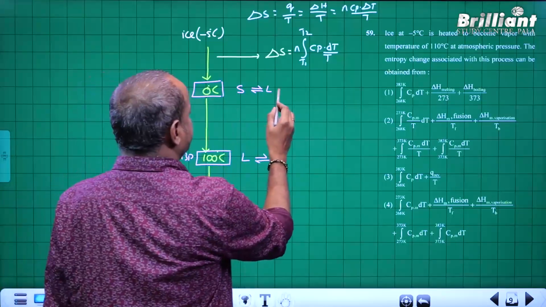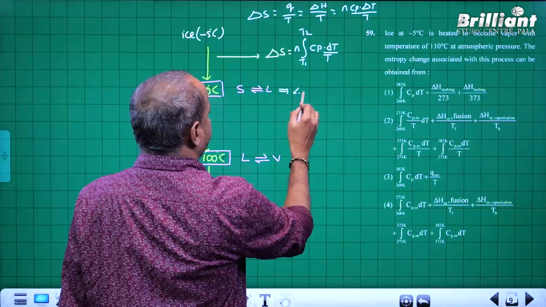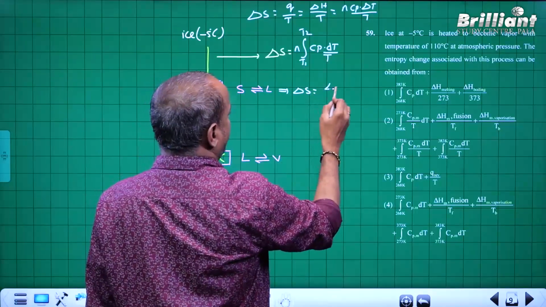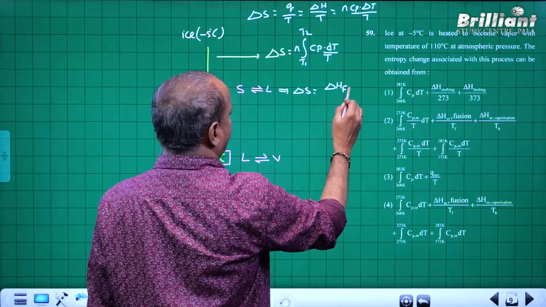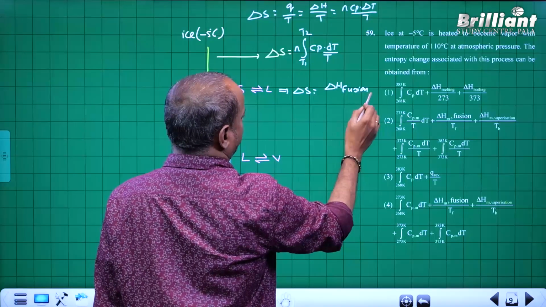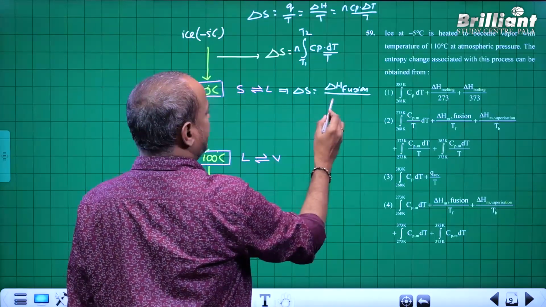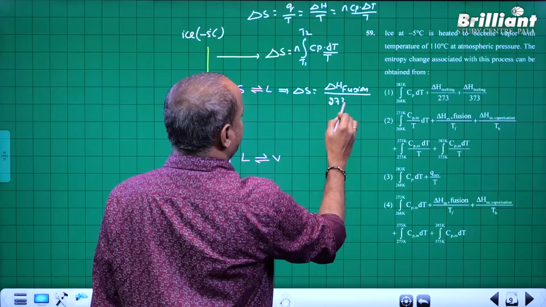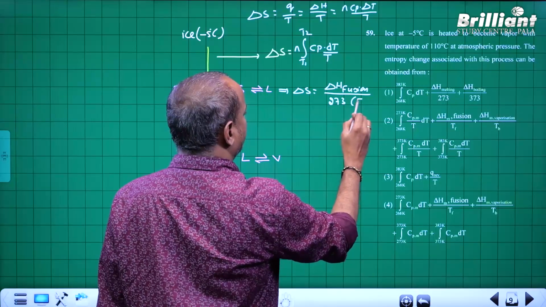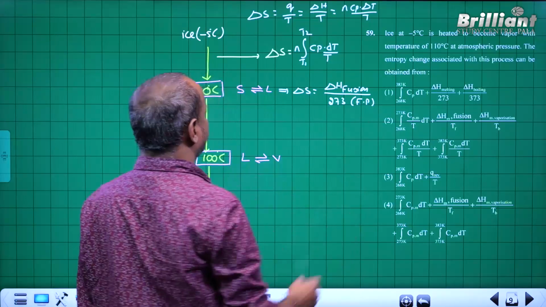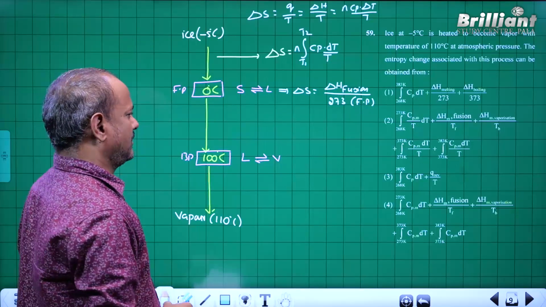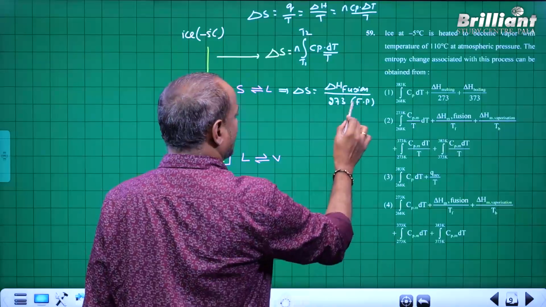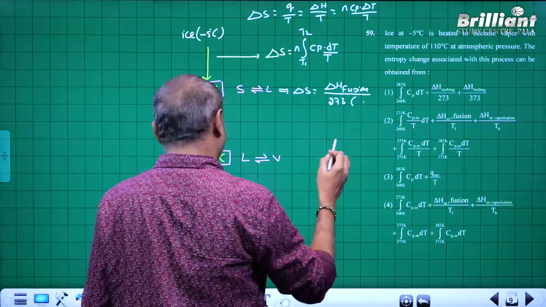This is a phase change. Delta S equal to delta H fusion by the freezing point, 273 Kelvin, or Tf. Take the symbol for freezing point as Tf.